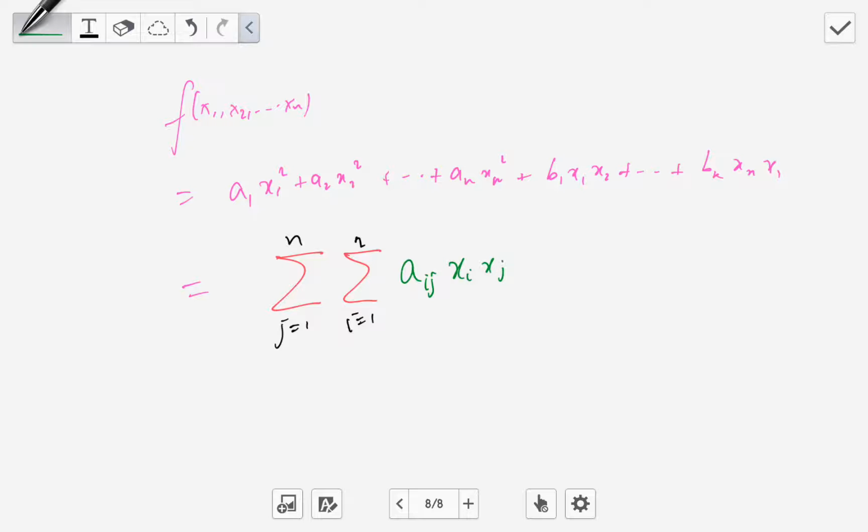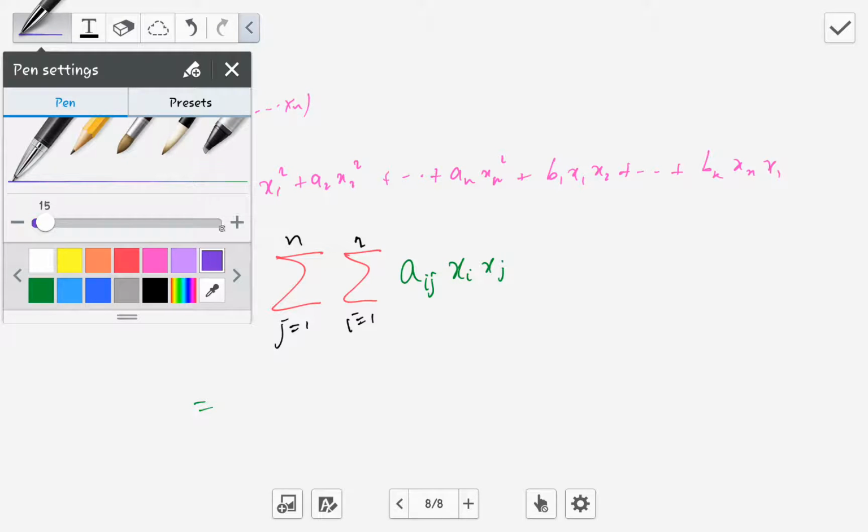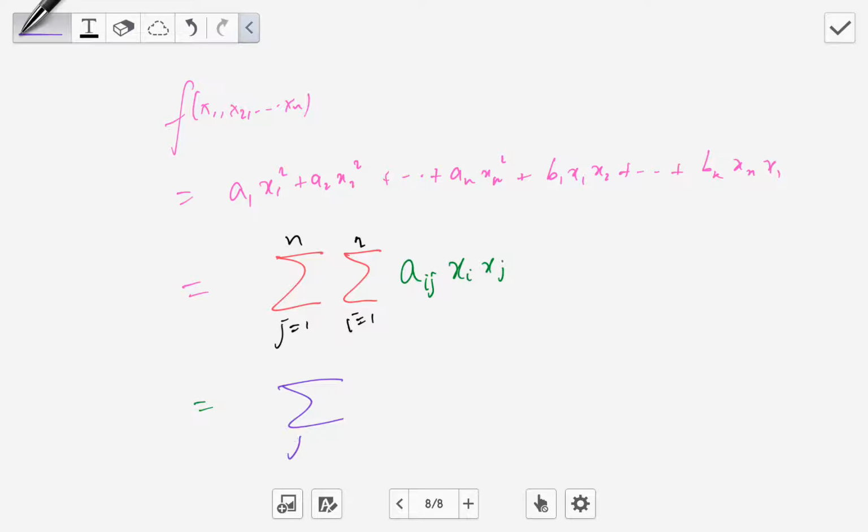What does this imply? This implies that you first have sigma j is equal to 1 to n, that means j is constant here. Then you have a1j x1 xj plus a2j x2 xj plus so on up to anj xn xj.